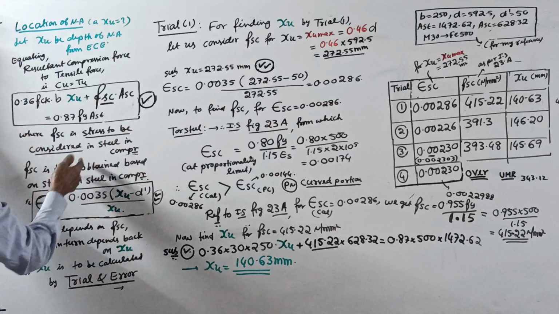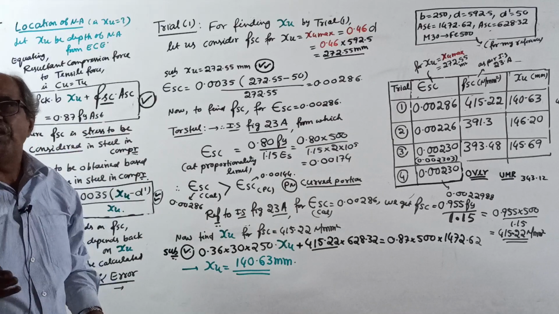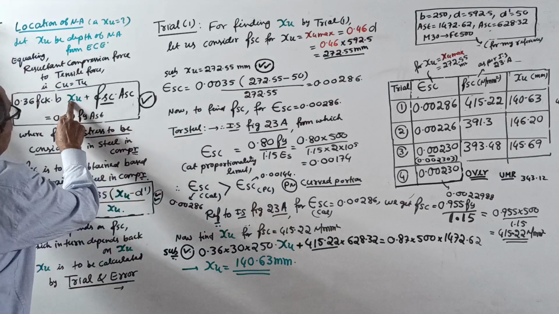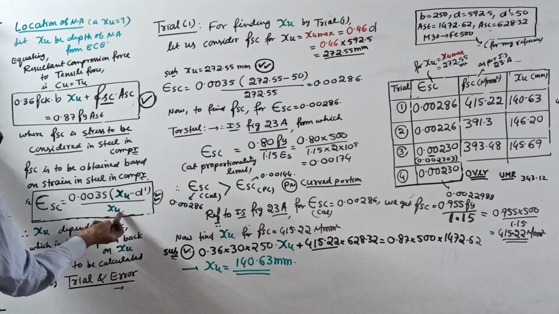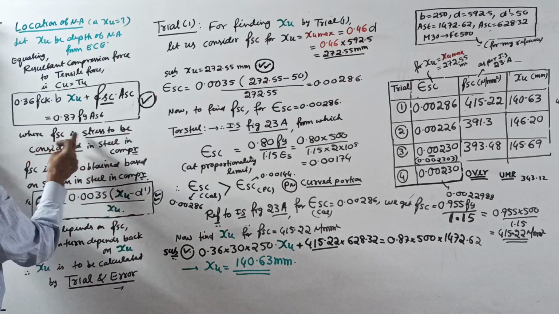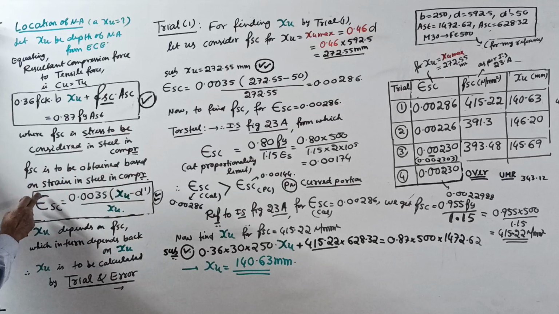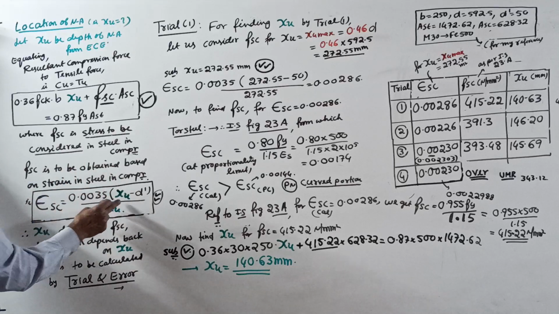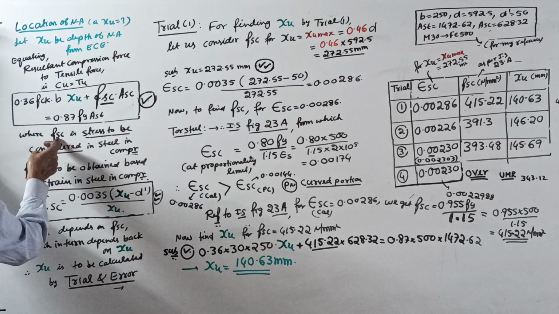Now see, you have to write this statement, which I have been writing for the past four or five problems. xu depends on fsc, but fsc again depends upon xu, because if you want fsc, you require the stress in compression steel. You have to find the strain in compression steel. Unless you know the strain in compression steel, you cannot find the stress in compression steel.